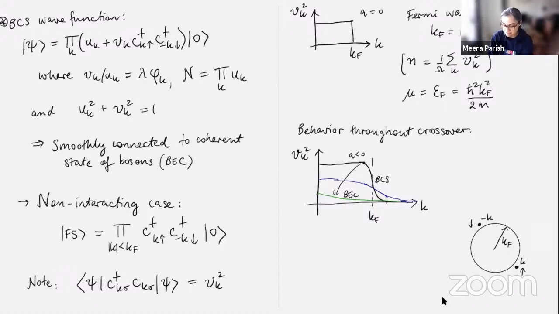Pairing in that case means you always have an energy smaller than the energy set by the Fermi sea, twice the chemical potential because you have two particles. That's one way you can see how you always have pairing. But of course this is also an approximation, this simple Cooper pair problem.